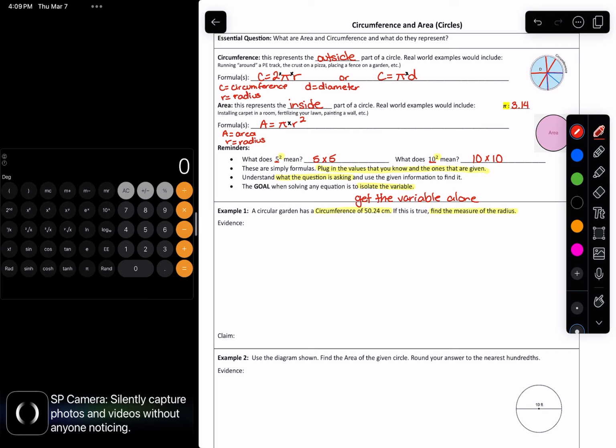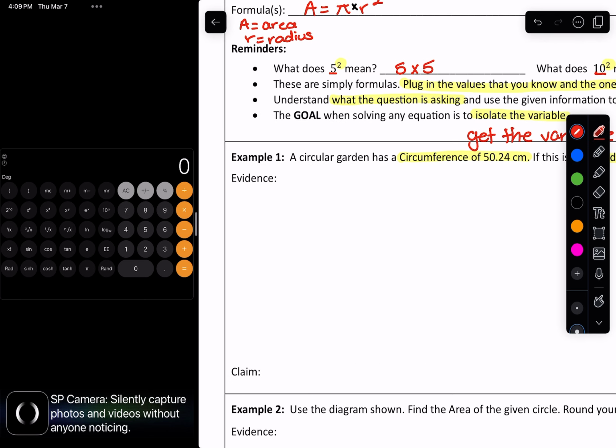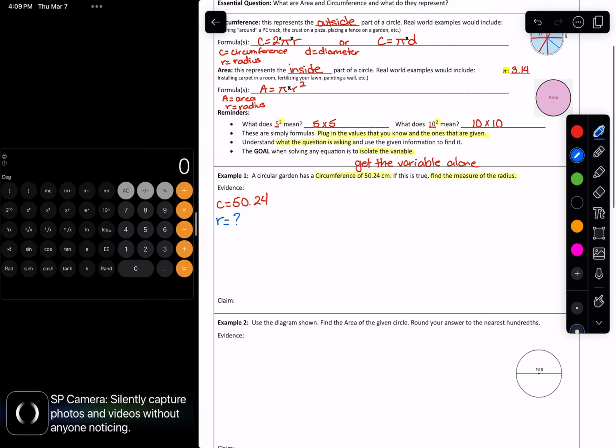So we are given the circumference, which is 50.24, and we want to look for the radius. Okay, so looking at our formulas that we have on top, we have this one, or this one. I want to look for the one that has both of these, the circumference and the radius.